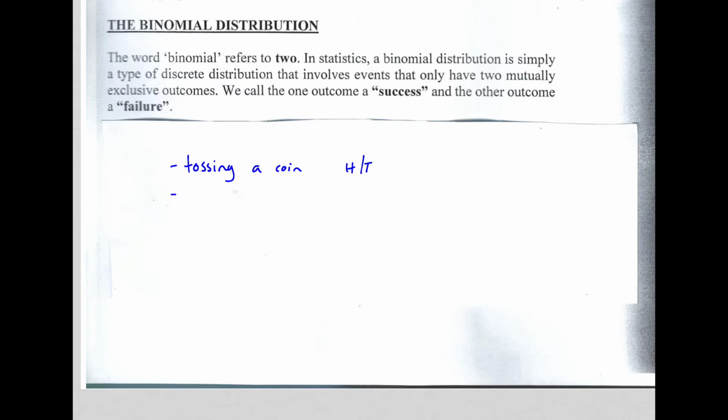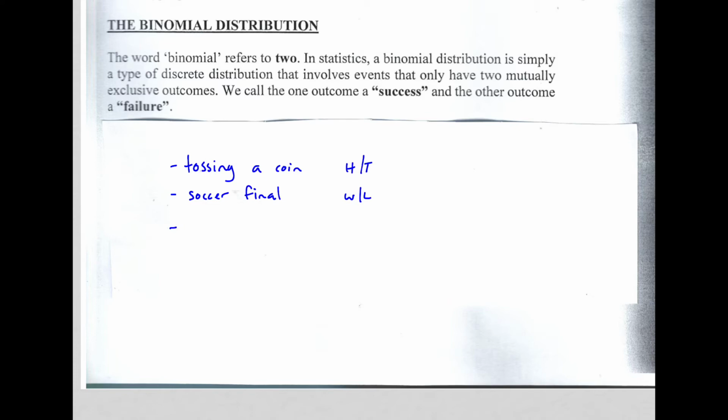Secondly, there can be a soccer game final. In a final, we either have a win or a loss, not a draw. Once there's a draw, we go into extra time and, if necessary, penalties, but there has to be a winner and a loser.